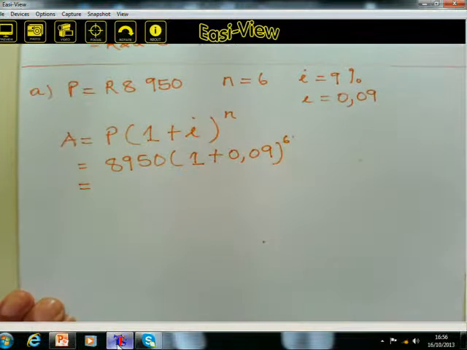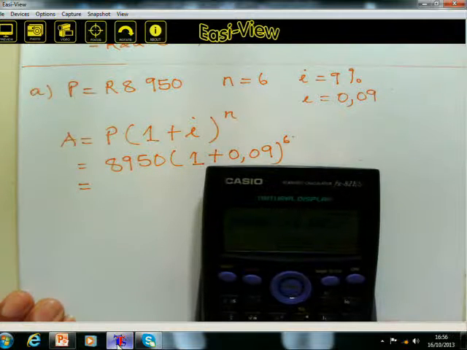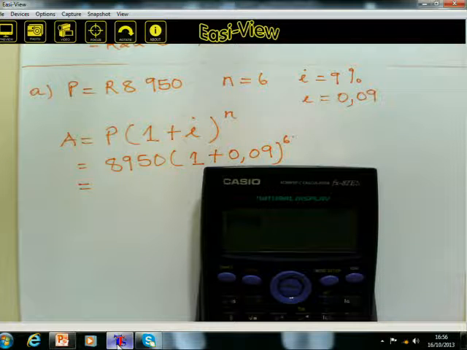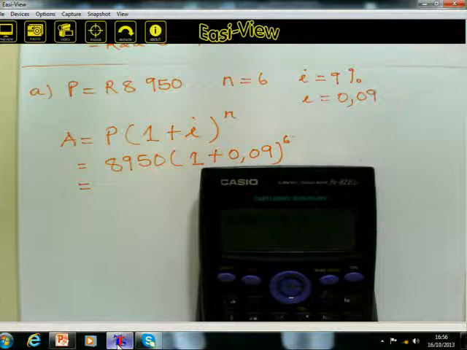Let's calculate that. 8,950 bracket 1 plus 0.09, close the bracket, to the power of 6.